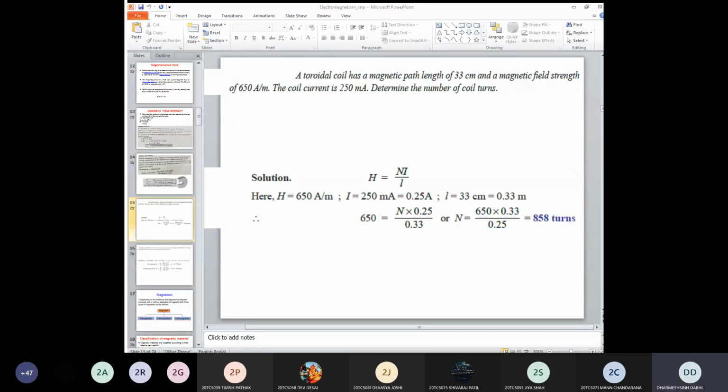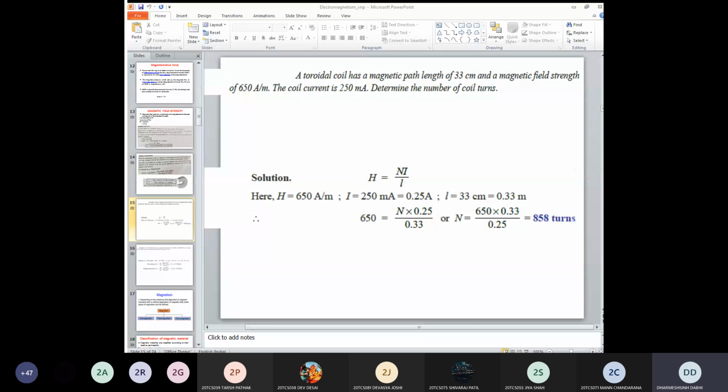Toroidal coil has a magnetic field path length 33 centimeter, it means length L is given. Magnetic field strength is given, means H is given, 650 ampere per meter. Coil current is 250 milliampere, I is given. Determine the number of coil turns.